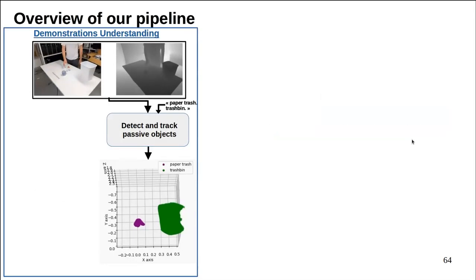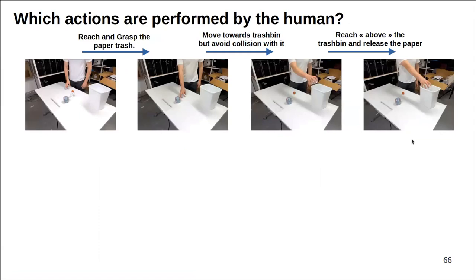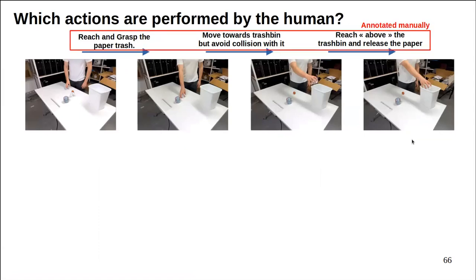Okay, now we can detect and track our passive objects in the scene. But what is actually the active object, the human? What is he doing with these passive objects? To understand this, first we manually annotated a set of primitives in our demonstrations. We annotated 3 primitives.